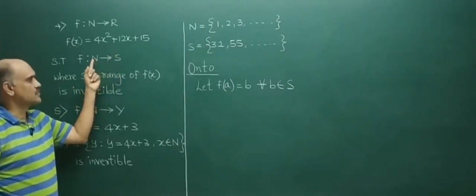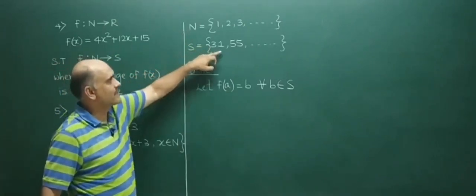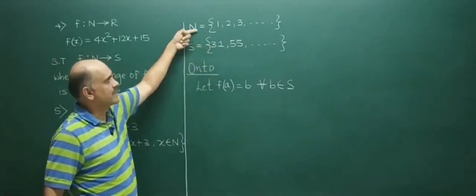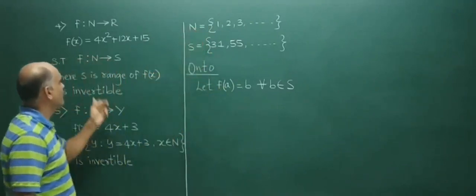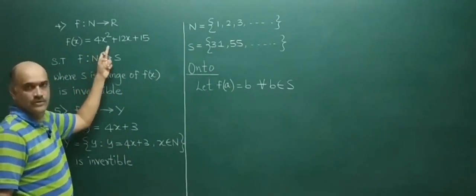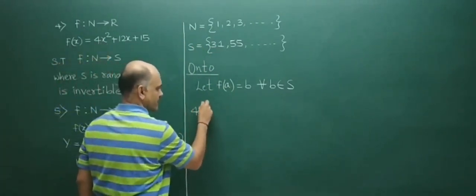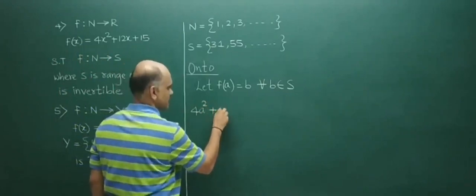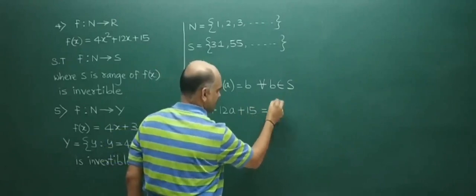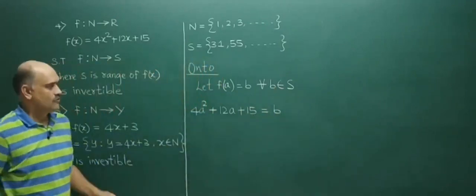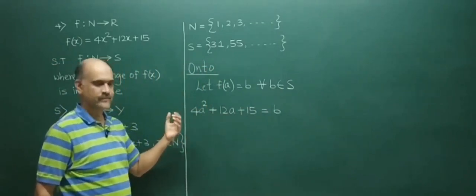You are required to show that a belongs to N, that is, for b from this set you should get a from N. So f of a is equal to b I have taken. So f of a will be 4a square plus 12a plus 15 is equal to b.